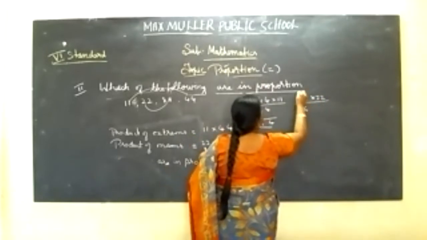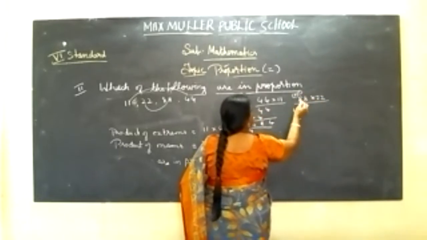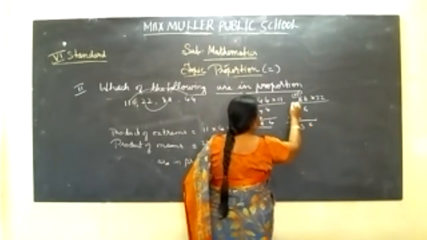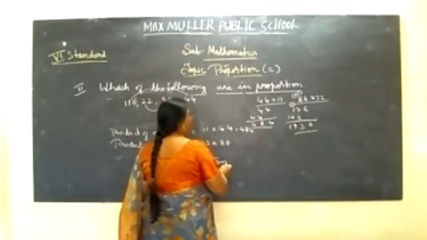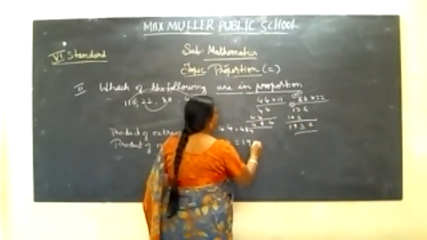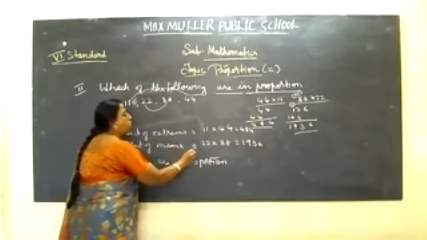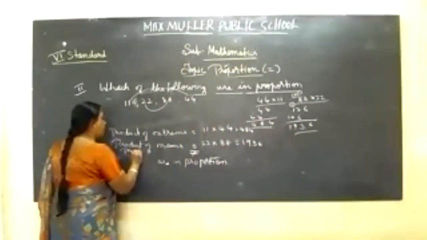Here 88 into 22: 8 2s are 16, 1 carry, 8 2s are 16, 17. So 6, 13, 1 carry, 7, 8, 9, 1. So here we didn't get the same. Both sides, the product of extremes and the product of means, are not equal.